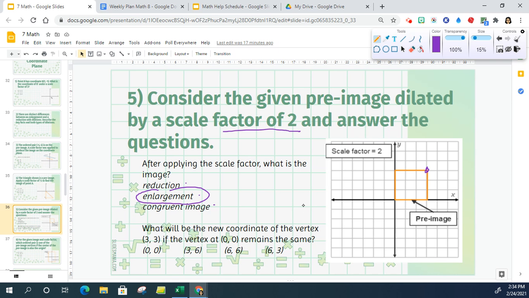So this point is 3, 3. It's a scale factor of 2, which means we're multiplying by 2. It's just 3 times 2 and 3 times 2. 6, 6 would be the new coordinate.